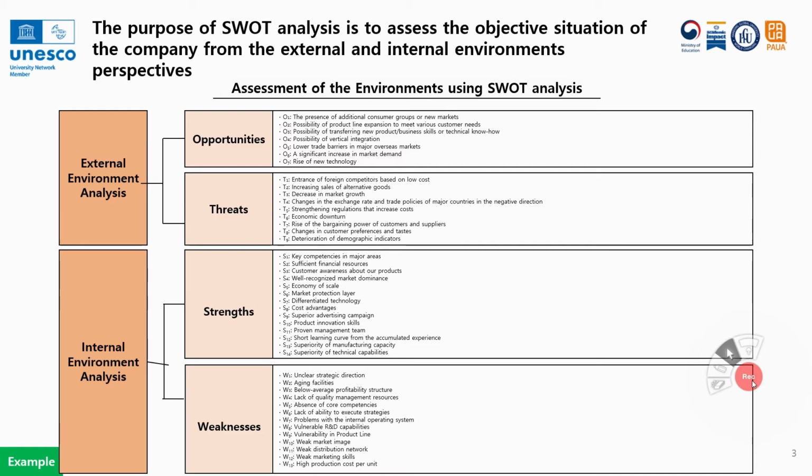Okay, so let's move on to the next example of the weaknesses: problems with the internal operating systems. The company is taking a lot of steps to create values according to Michael Porter's value chain analysis.